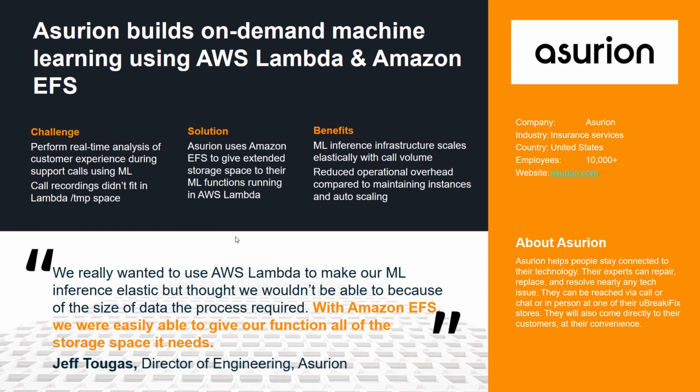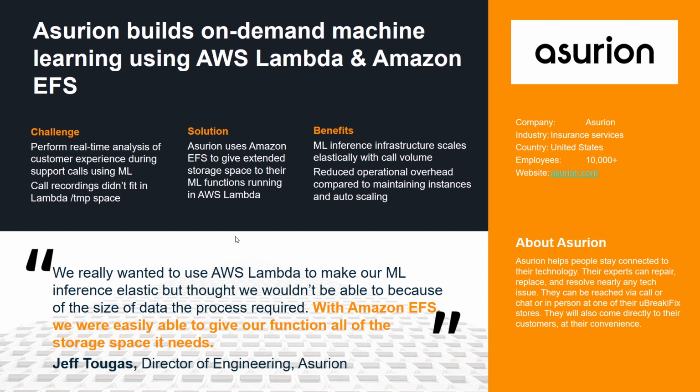And so what they need is the ML inference infrastructure that understands the sentiment to scale elastically with call volume. And so they were able to do that with EFS, providing a combination of high concurrency. Let's say you have thousands of calls coming in at any time, and they were able to do it very quickly with very low latency so that they can quickly make those sentiment predictions.